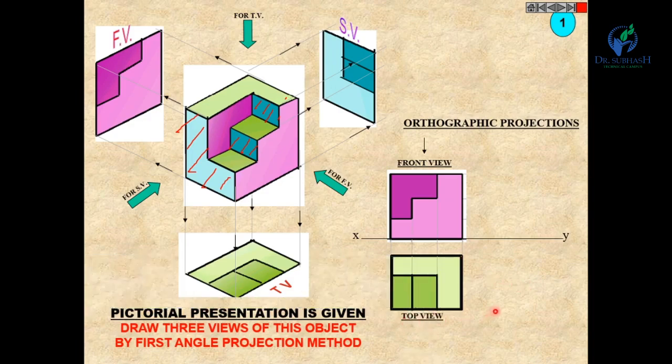Now the left hand side view will be right of the front view. Looking from this direction, this is our left hand side view, known as LHSV, left hand side view.